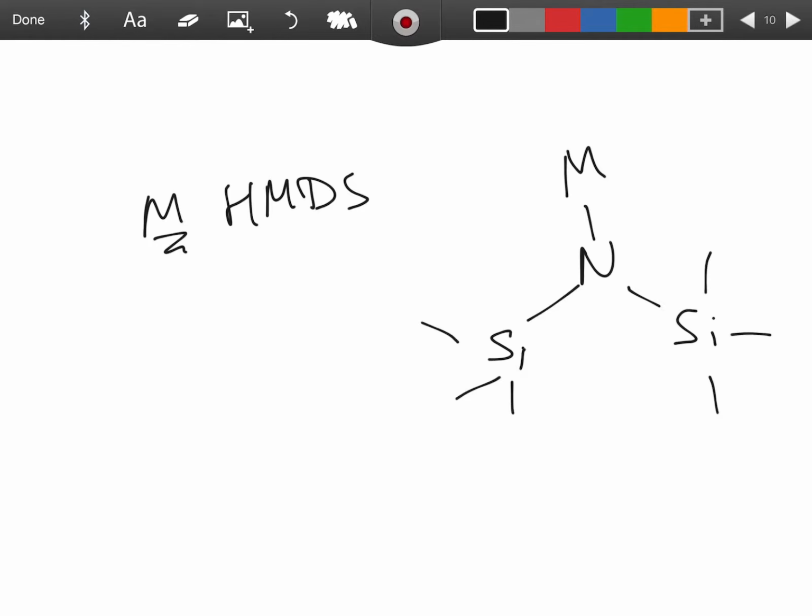So this is whatever the metal is, hexamethyldisilazane, HMDS. It works like LDA. It's still a strong base, but it's got slightly different characteristics because it has silicons on it as opposed to carbons. But it's going to do the same thing. So if you see something HMDS, it's just a strong base.